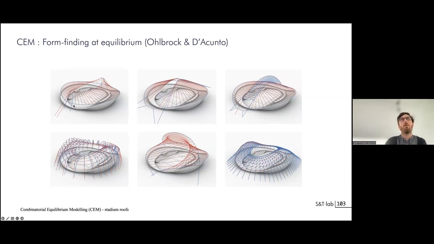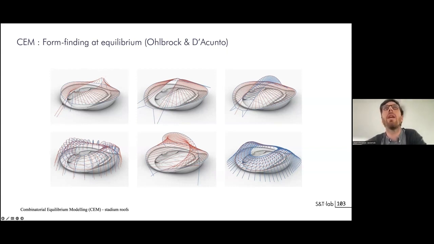So from the small story, we did a workshop of CEM at AAG in Gothenburg in 2017. And this was the design task that was given to the students, like making a structure for a roof for the stadium. You can see that in the examples that we have, there are many stadium roofs because Ole is very interested in stadium design, has been a great footballer.